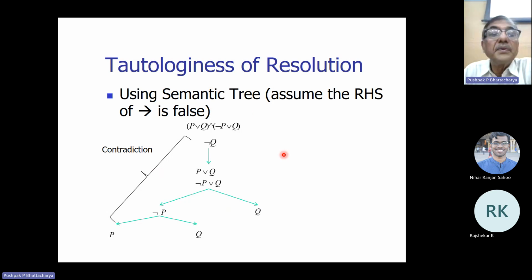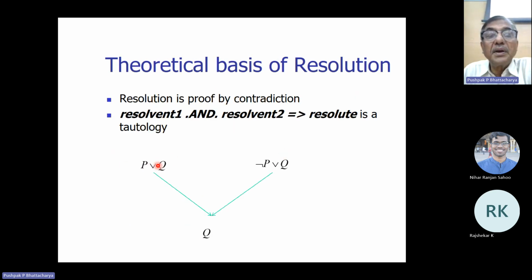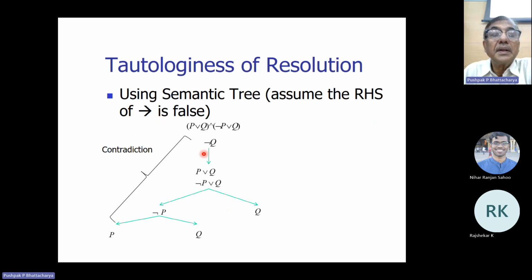So I want to prove that (P or Q) and (not P or Q) implies Q. Okay, so what I start with, this algorithm is called a semantic tree based algorithm. I start with not Q because this is what needs to be contradicted.